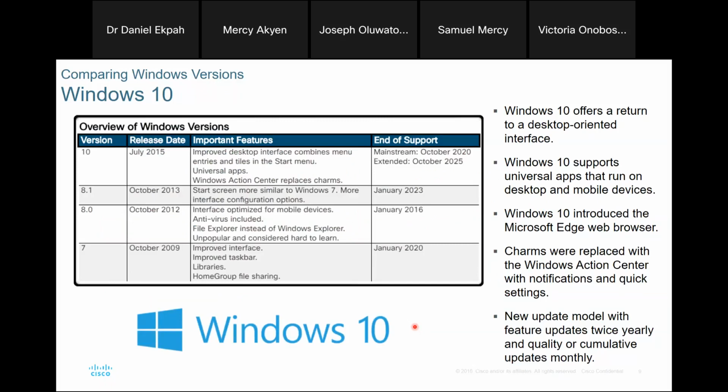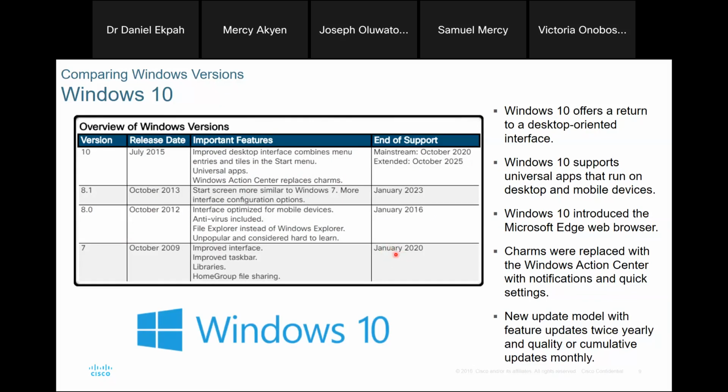Windows 7 was released October 2009, and remember before Windows 7 we had Windows XP, Windows Vista, Windows 2000, and the outdated versions of Windows. It had an improved interface, improved taskbar, libraries, HomeGroup file sharing, and the rest.